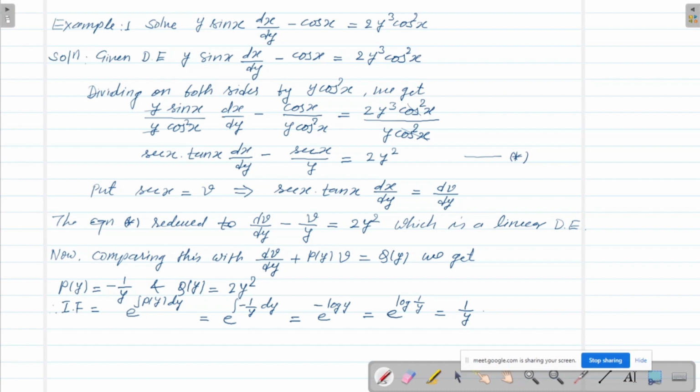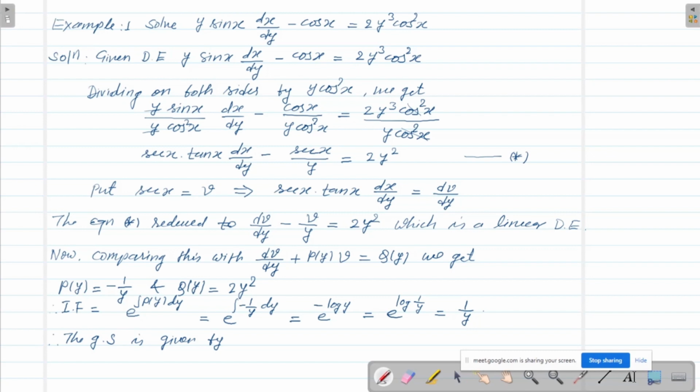Therefore the general solution is given by, what is the general solution?